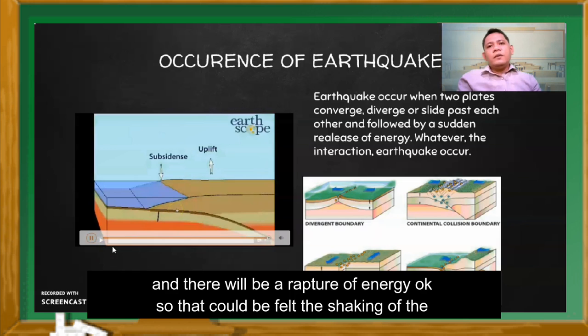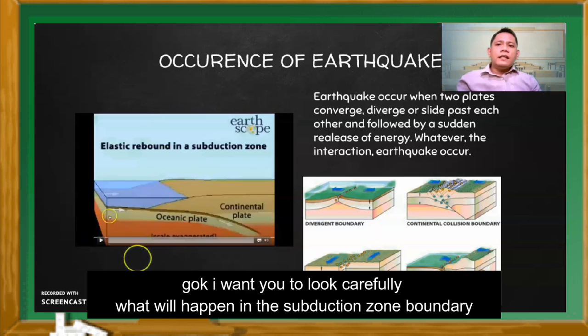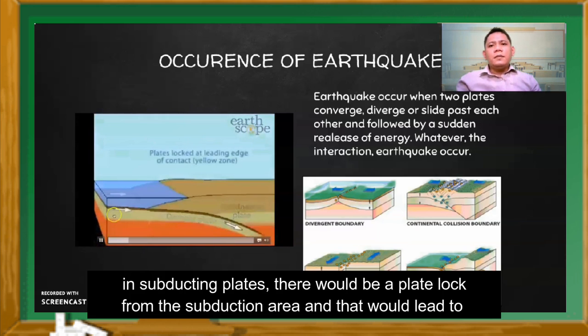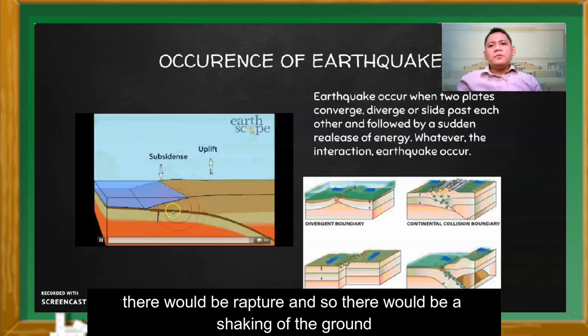That would be felt as the shaking of the ground. Again, I want you to look carefully at what happened. In the subduction zone boundary, or in subducting plates, there would be a plate lock from the subduction area, and that would lead to the movement of the plates here, seaward uplift and inland subsidence. And as the stress accumulates, there will be a rupture, and so there is shaking of the ground.